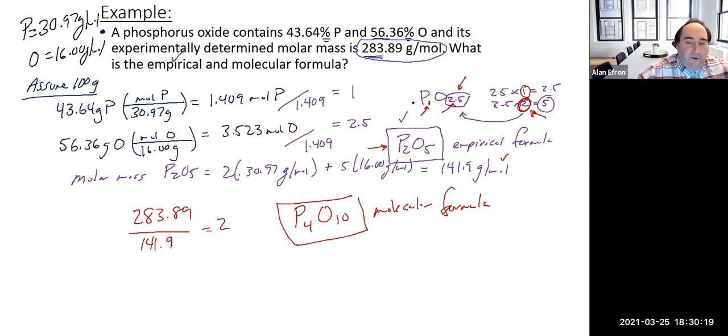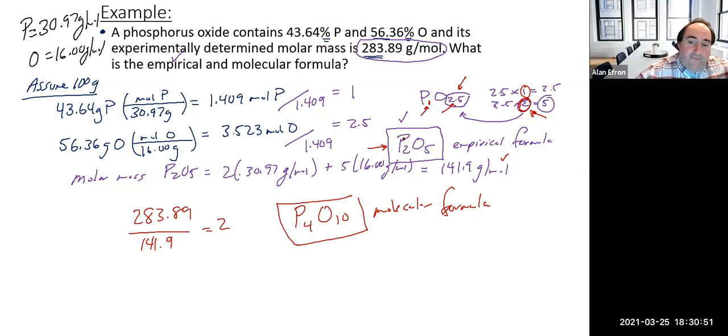Obviously if we multiplied this whole thing by 1, we would end up with the same numbers, 1 and 2.5. By multiplying by 2, we then end up with P2 and O5. That's enough to get us whole numbers on both of these. You can multiply it by a giant number if you want, to get a whole number. Perhaps you could do 4, and if you multiply by 4, you'll get a whole number on both. But remember, the empirical formula is the simplest set of whole numbers.